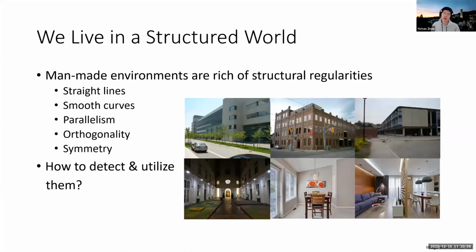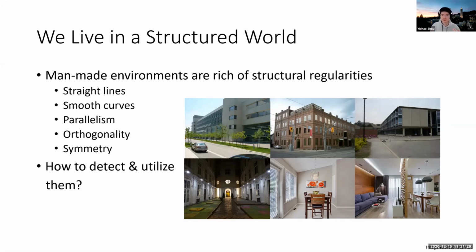One may wonder, this kind of algorithm is mostly designed for single-view image reconstruction, so do we still have a geometric constraint on a single view? The answer is obviously yes, because we live in a structural world. The world is man-made, and man-made environments are rich in structural regularities. Let's say you just look at your table at home.